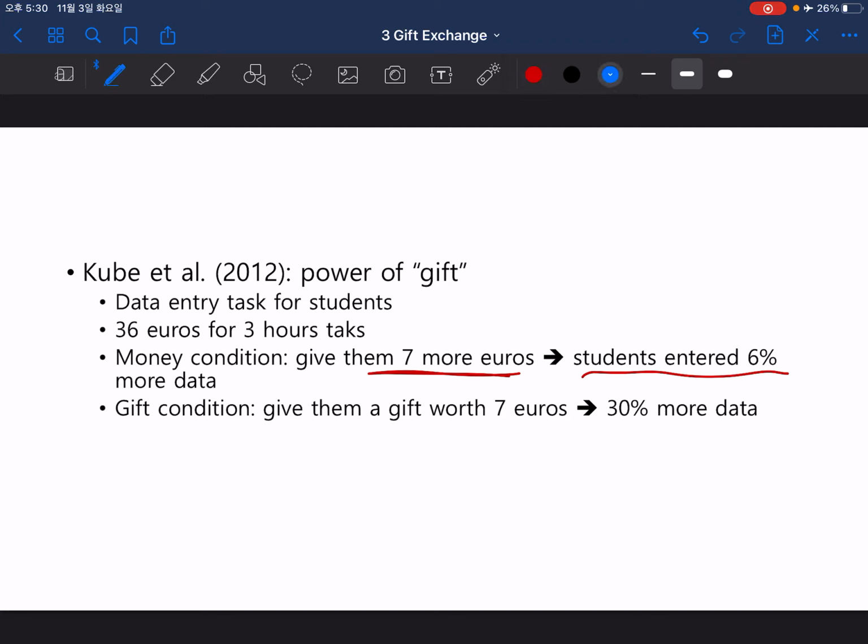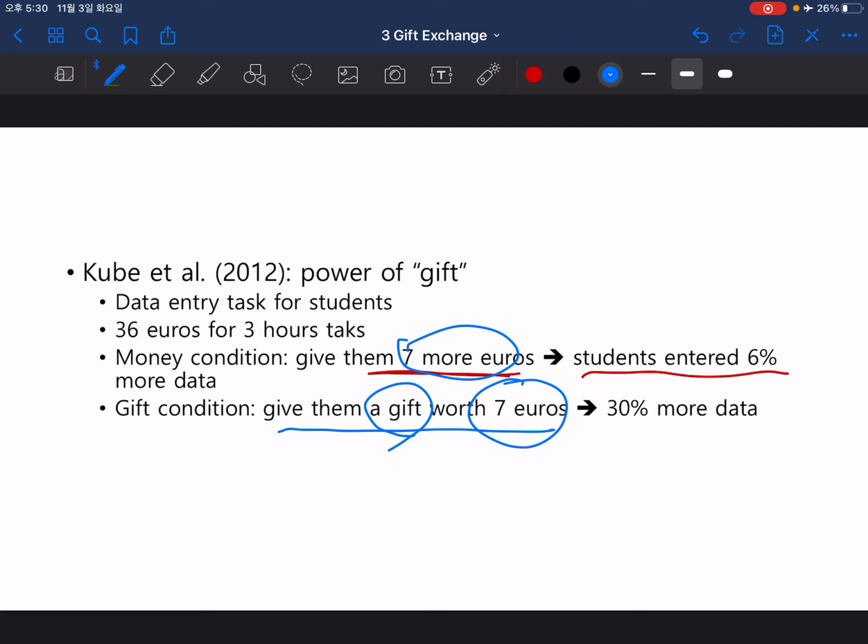The second group is called the gift condition. Instead of money, the researchers surprisingly gave them a gift, and this gift is worth 7 euros. So in terms of monetary value, they are the same. The only difference between the first and second group is that in the first group, they give surprise money, and in the second group, they give a surprise material gift.